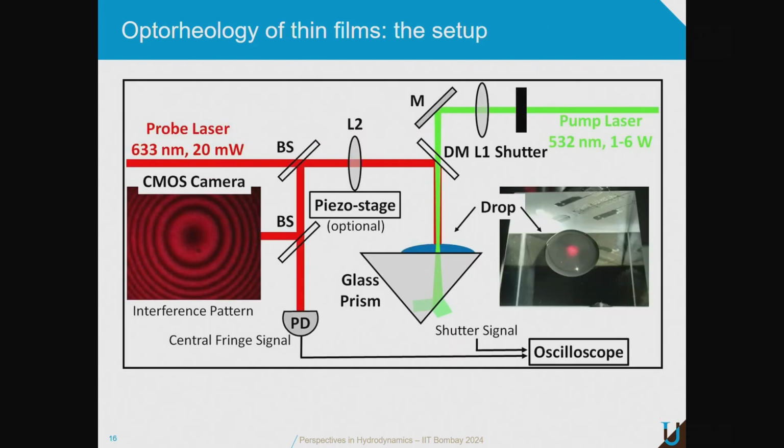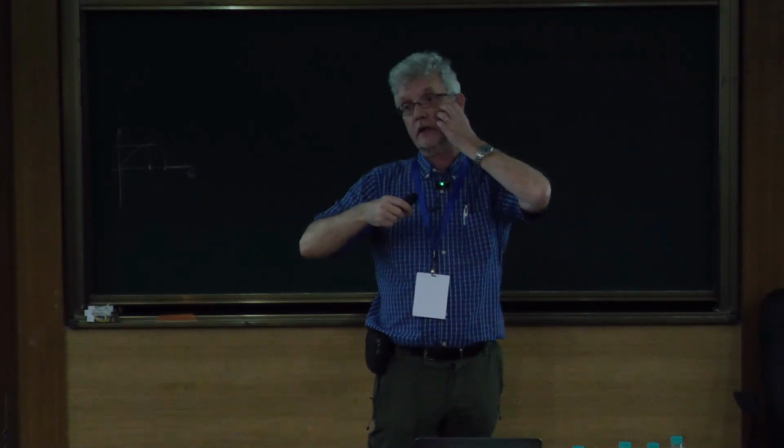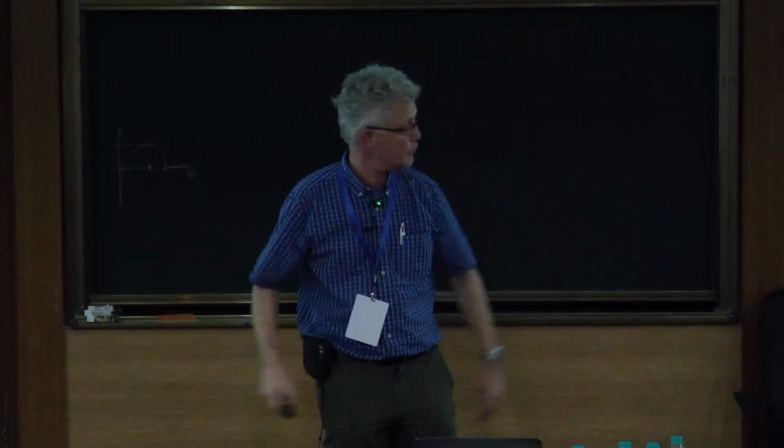And the setup is really like that. You have the pump beam here, the probe beam here, and we look at the fringe pattern between the reflection here and the reflection here. And here we have a glass prism, or it could be a wedge, in order to remove the reflections. You know that when you are working in interferometry, you have to remove all the reflections.